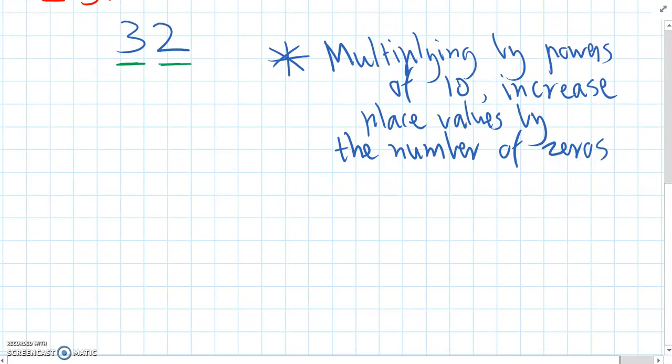And dividing works the same, but the numbers become smaller. Because as we know, when we divide by a whole number, our number gets smaller.